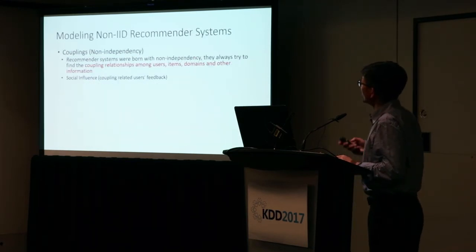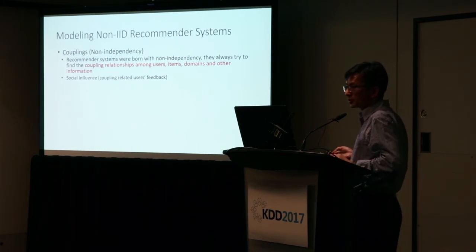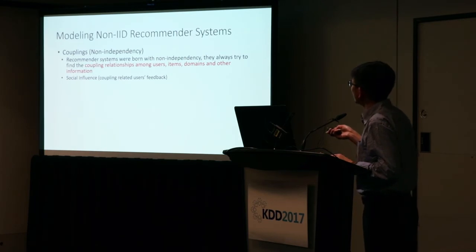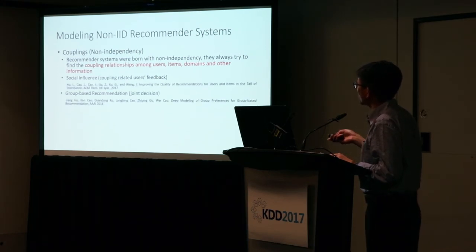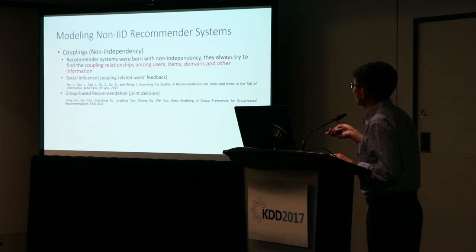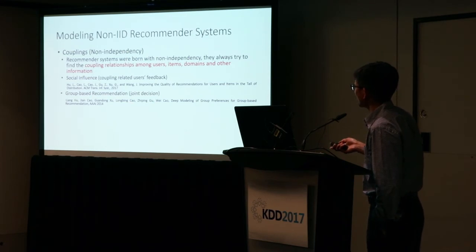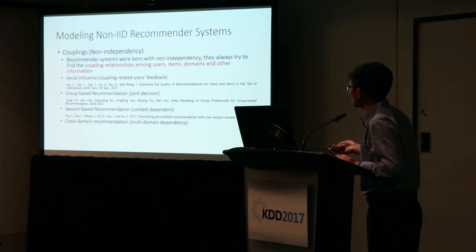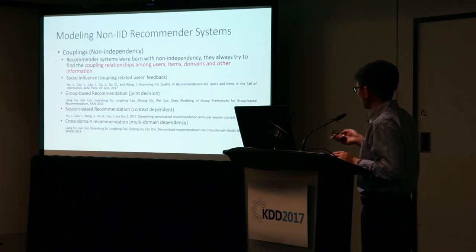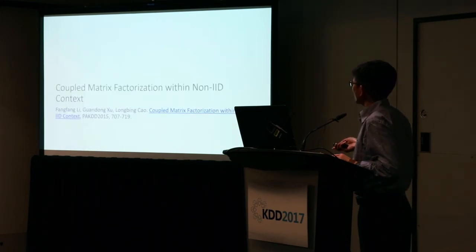Another is non-independency, or put another way, coupling relations, between or within attributes, items, domains, and other information. There are quite a few papers there as well. And for considering social influence, there is work with ACM Transactions on Information Systems, group-based work, session-based work, cross-domain work, and some others.